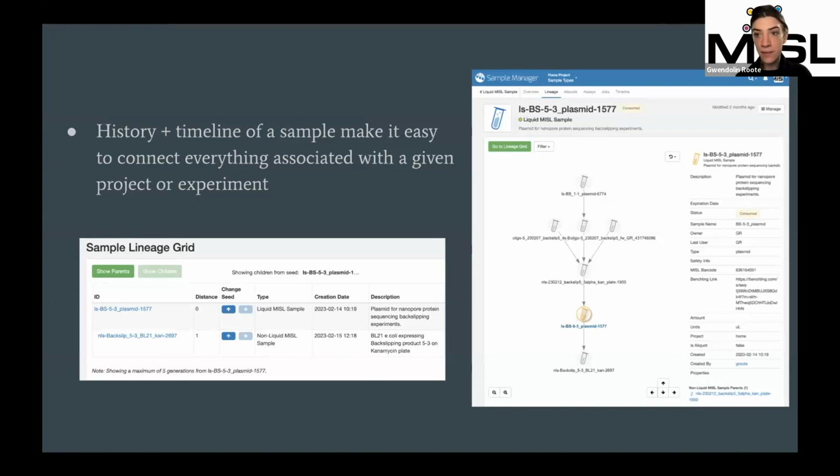And we want to save information about all of those intermediate steps, because it's important, if the protein doesn't turn out how we thought it would, to be able to go back and find which step things might have gone wrong, especially if we're making a number of different proteins from the same kind of organisms.